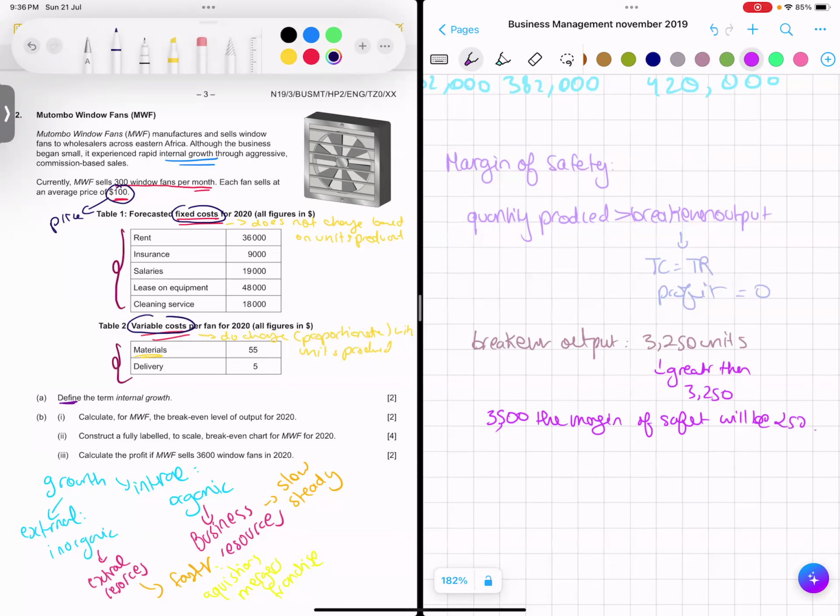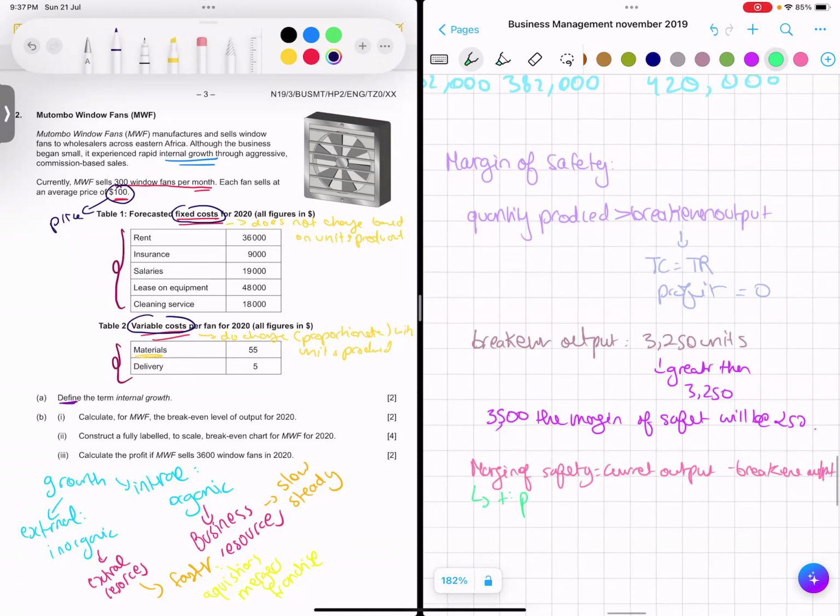So basically margin of safety equals current output minus break-even output. When the margin of safety is positive, the business is making a profit.